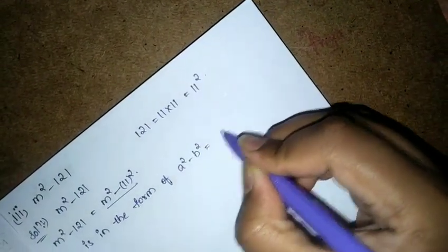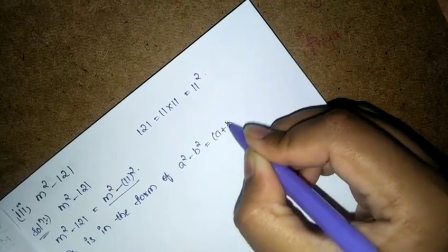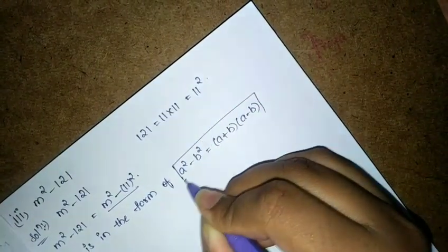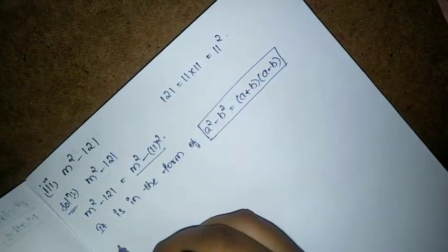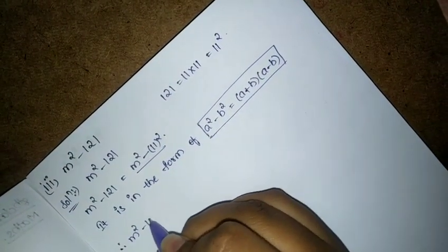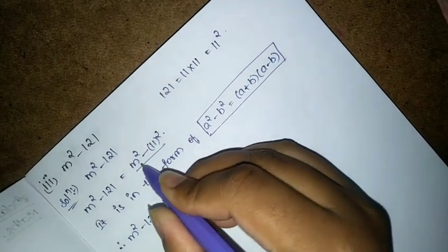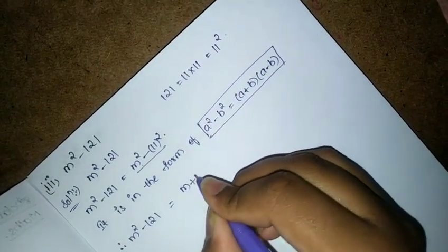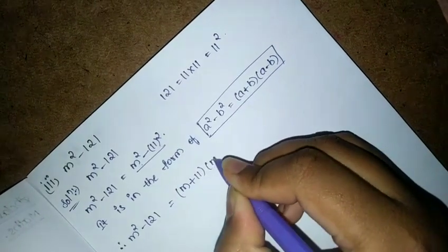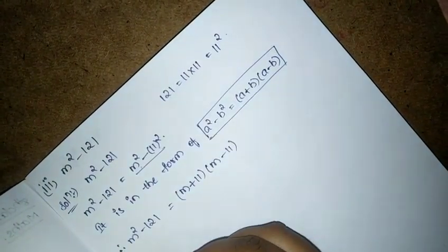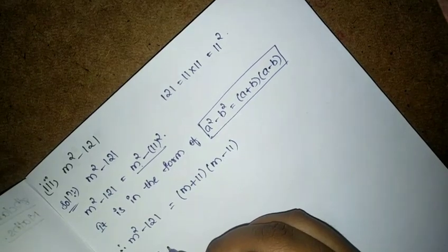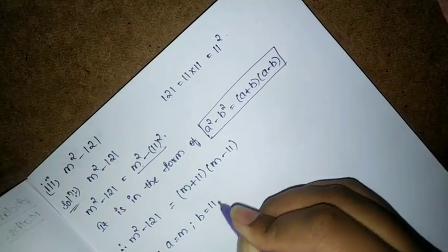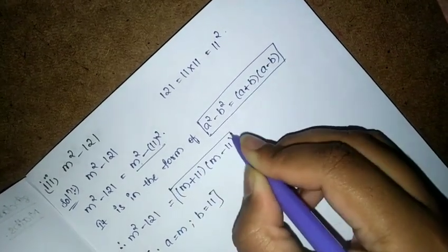The formula for this is (a plus b) into (a minus b). So m square minus 121 equal to (m plus 11) into (m minus 11), since a equal to m and b equal to 11. So this is our final answer.